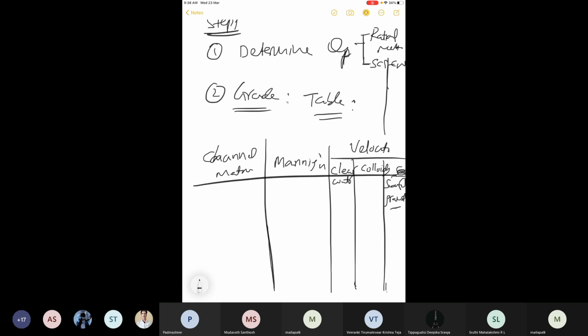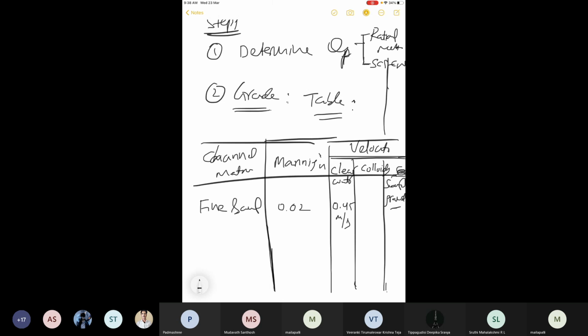Based on the particular type of water you expect, the maximum permissible velocities are given here, and the corresponding Manning's n. So for example, here, fine sand: the Manning's n will be 0.02. And if you are expecting clear water, the permissible velocity is 0.45 meter per second.